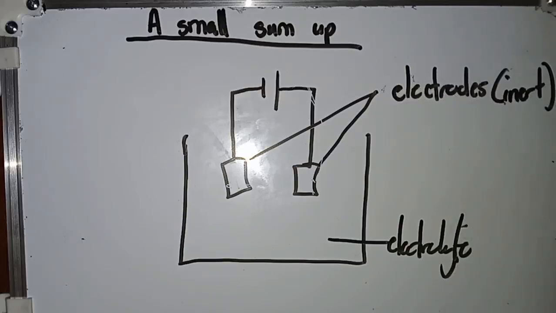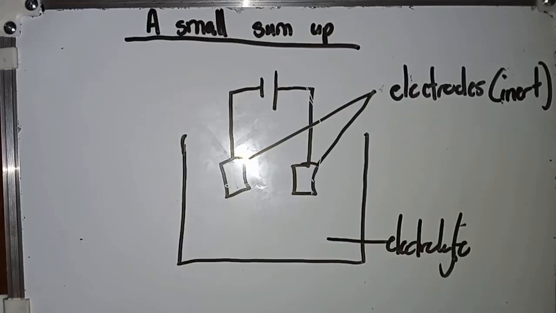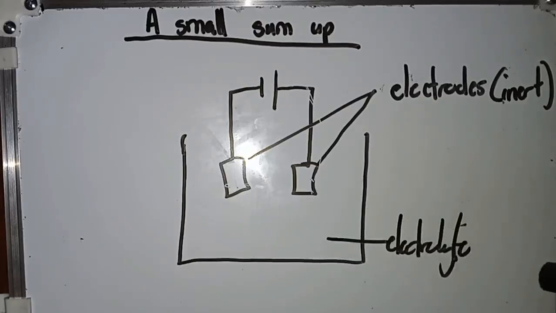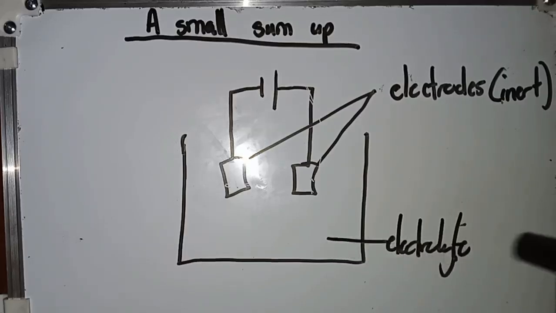You're going to see that very often they will say that the characteristics of the electrodes are that they should not react with anything. Then, as electricity goes on, the color of the electrolyte will fade.